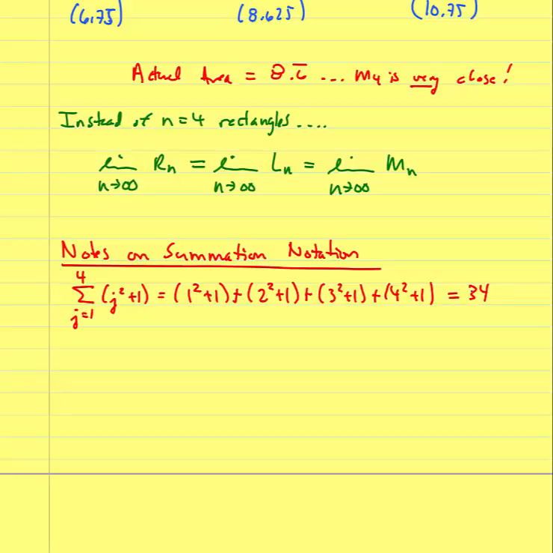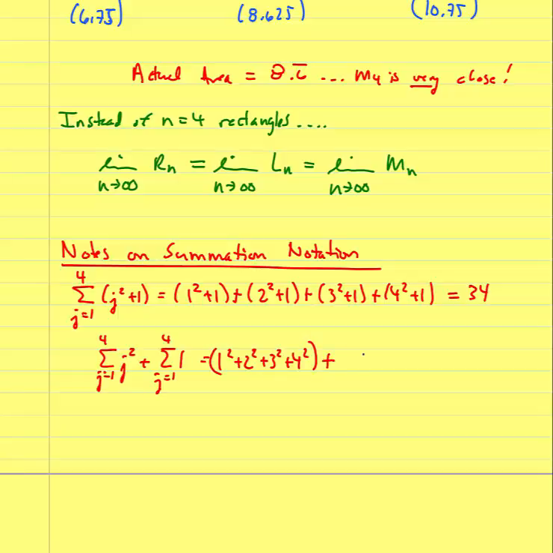Now another way that we can look at this same exact problem is I can distribute the summation across the addition or subtraction, but never with multiplication or division. So same problem, I could also look at the sum from j equal 1 to 4 of j squared plus the sum from j equal 1 to 4 of 1. So this would be 1 squared plus 2 squared plus 3 squared plus 4 squared. That would be this first piece.